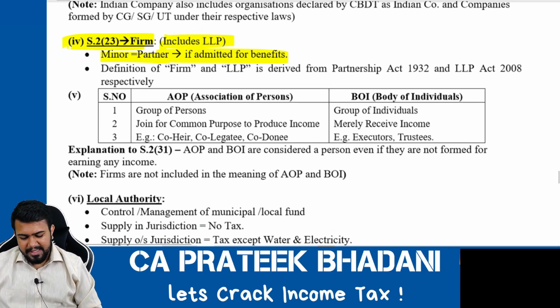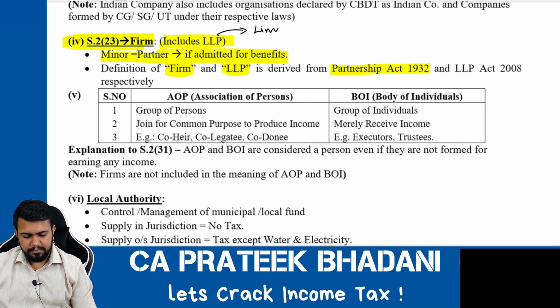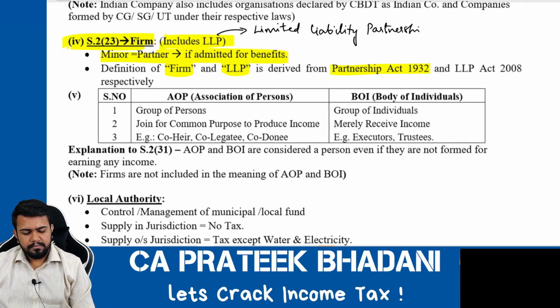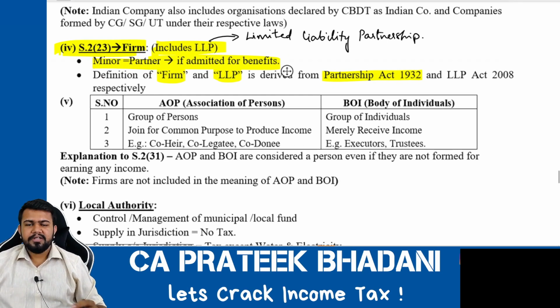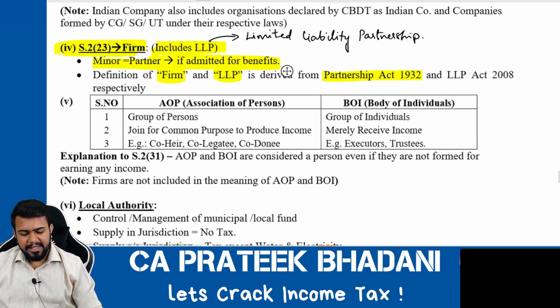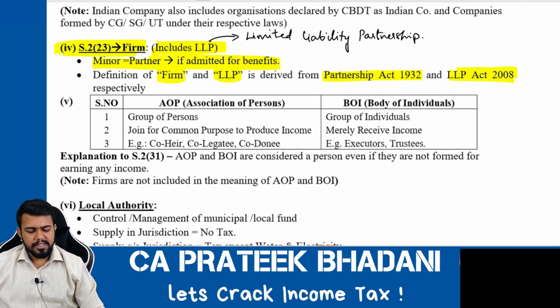The answer is obvious: for the definition of partnership firm, we will refer to the Partnership Act 1932, and for the definition of limited liability partnership, LLP means what? Limited liability partnership. For the definition of LLP, we will refer to the Limited Liability Partnership Act of 2008.